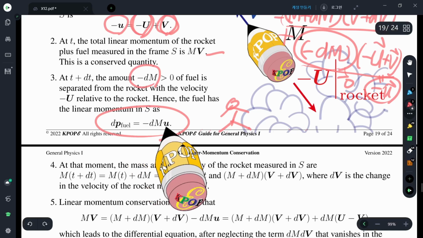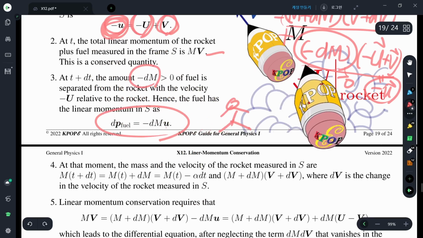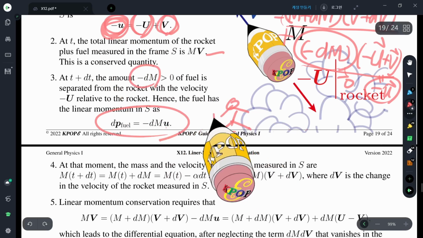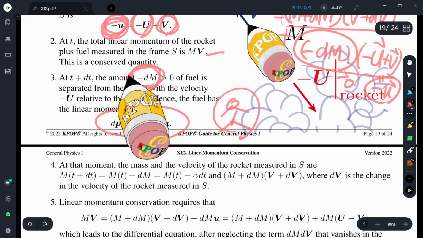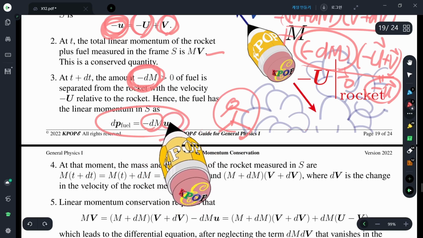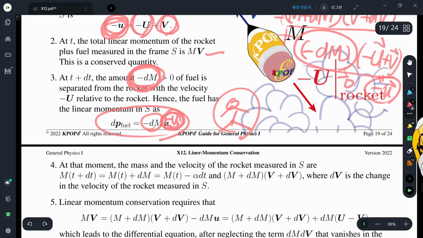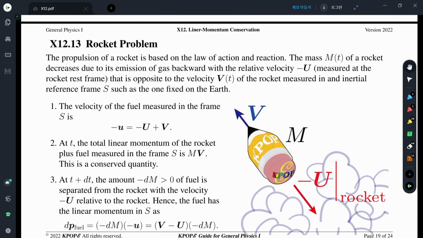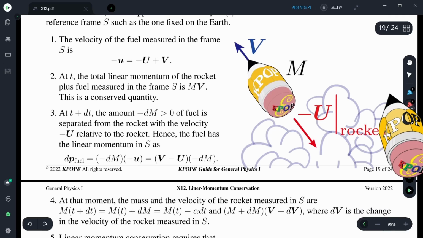There is a typo. We introduce a minus u for the gas velocity measured in the inertial reference frame. And the mass of the gas is minus dm. So minus dm multiplied by minus u should be there. So let me correct this. So I have corrected the typographic mistake.